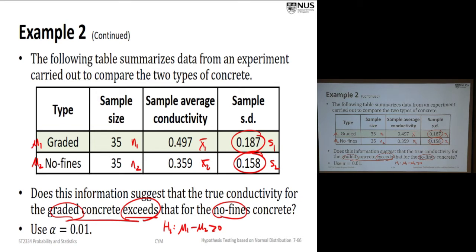It doesn't matter, but you have to do it consistently. So if I define 1 for the grade and 2 for the no fines, then when I say the true conductivity of this one exceeds the true conductivity of no fines concrete, it means mu1 minus mu2 is bigger than 0.